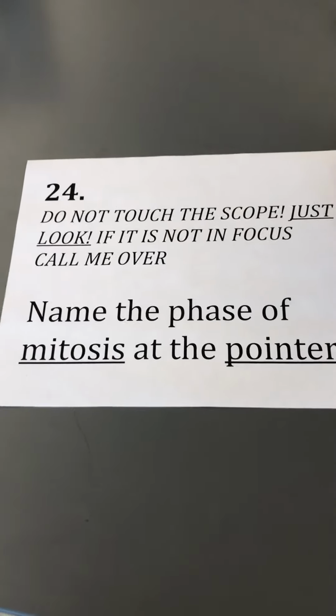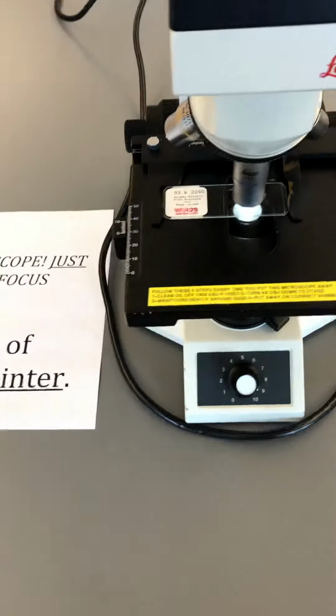Name the phase of mitosis at the pointer under the microscope. If I can have some luck like I had before. Maybe or maybe not. Usually very good with this, so I apologize if I'm making you all dizzy.